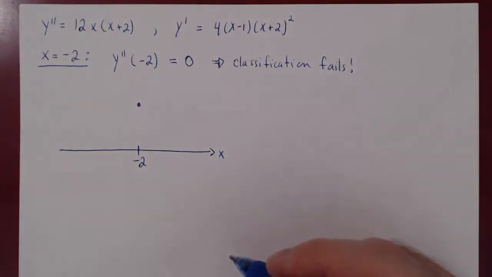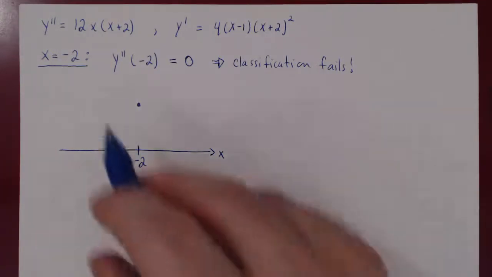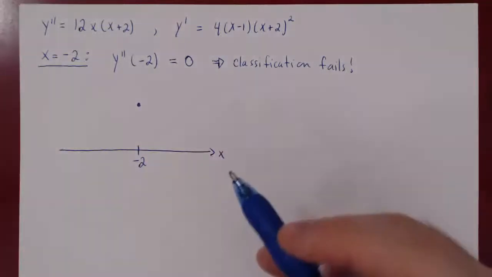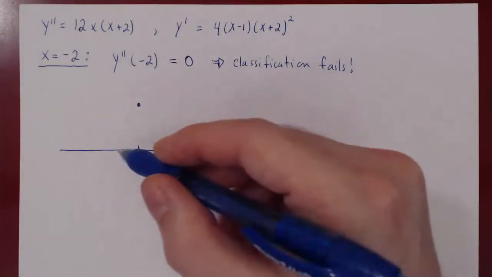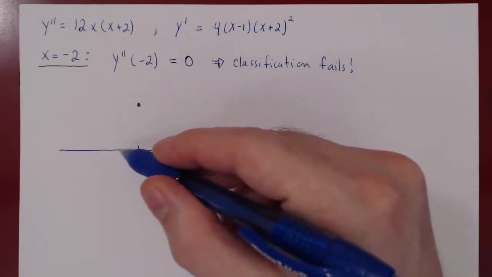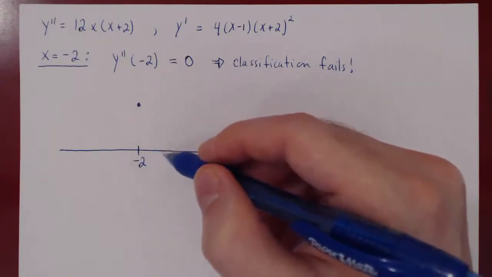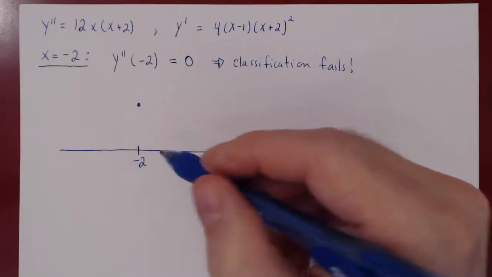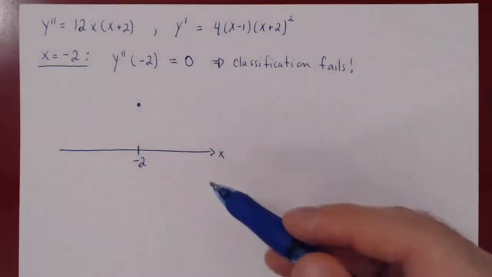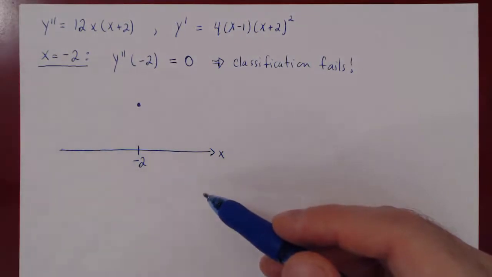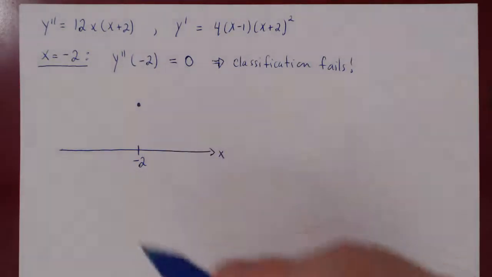The only way to figure out what the graph of a function looks like is to accurately portray it around its critical points. So we have to fix the problem. All you have to do is look at one point close to negative 2 on the left, one point close to negative 2 on the right, and look at those two points, the value of the derivative and the second derivative, and you will know exactly what the function looks like around this point.